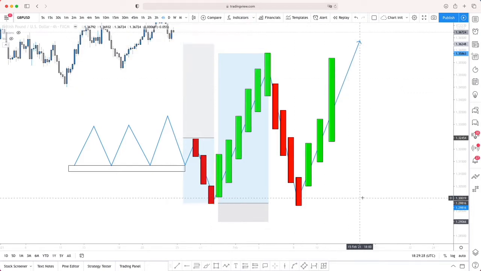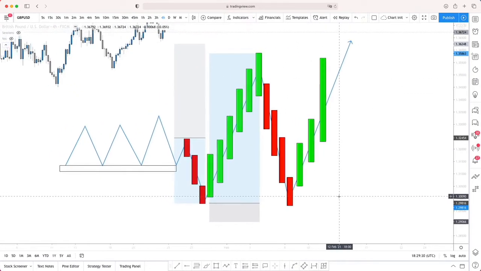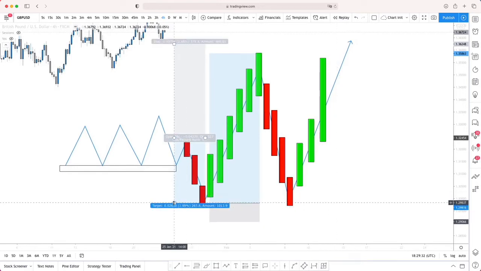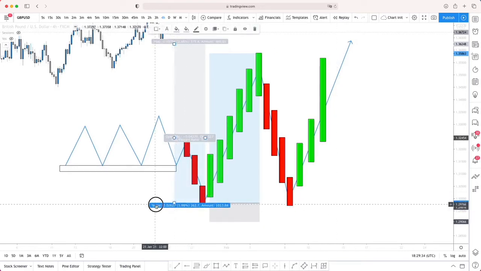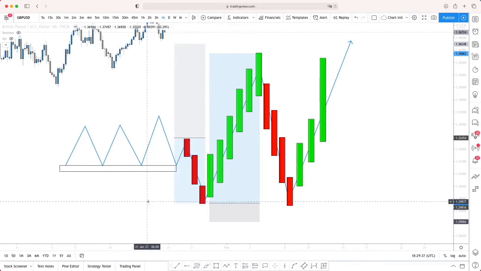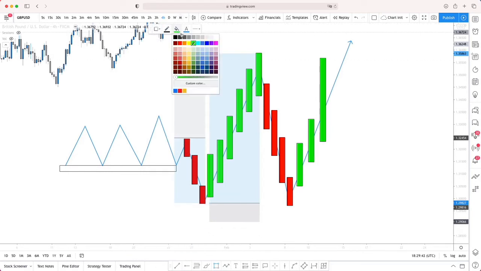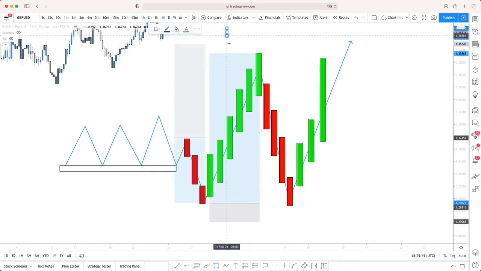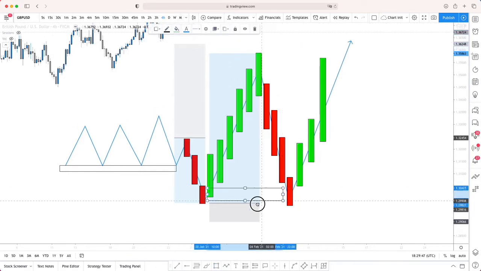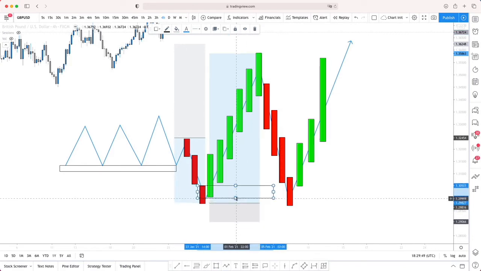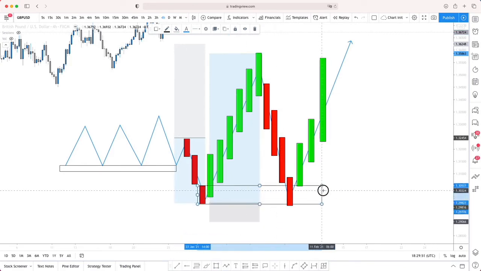So this comes into question, what is an order block? The order block is basically the last place where the institutions have placed their orders before the move happens. So if we think about it from this perspective, where is that position? Because what we can see is, I did not mean to draw that there, but what we can see is this is the last bearish candle before the bullish move.